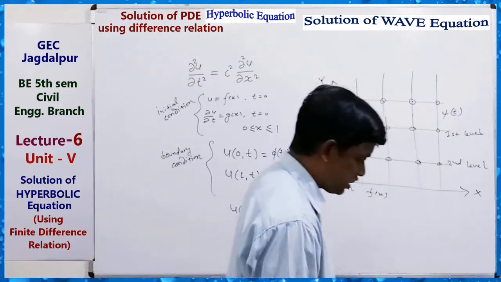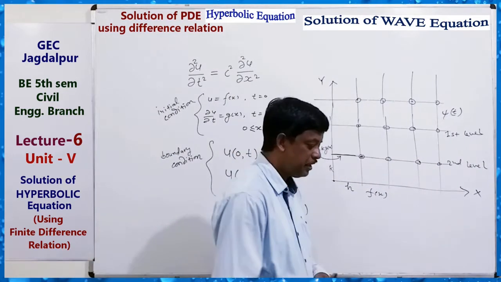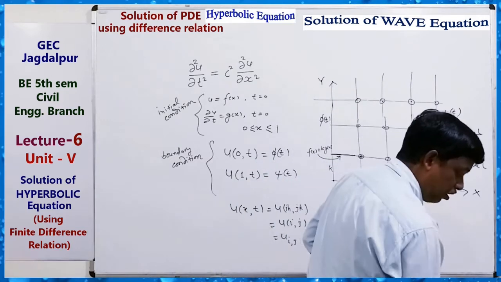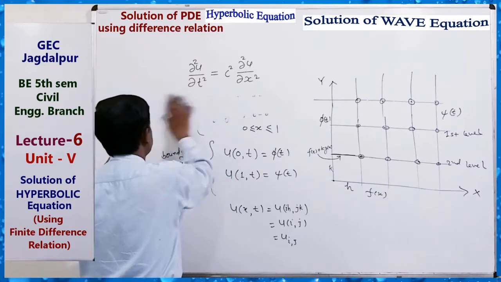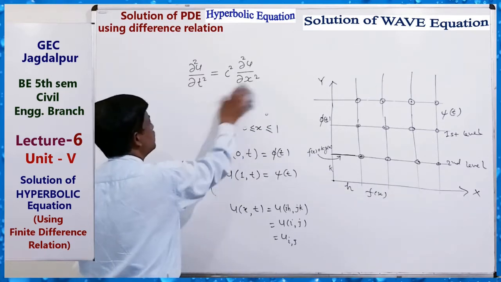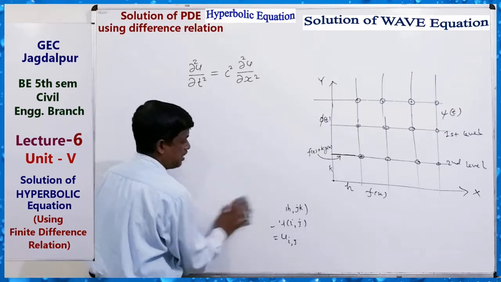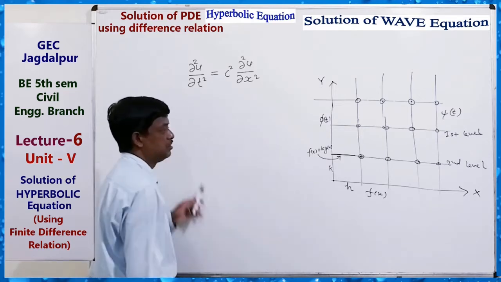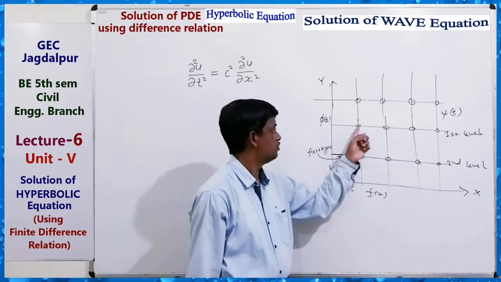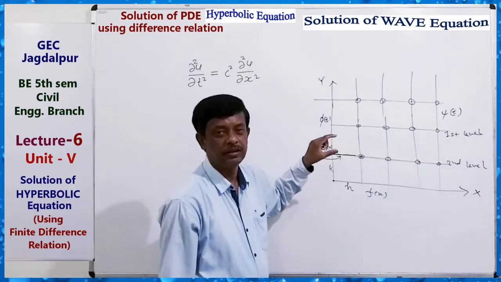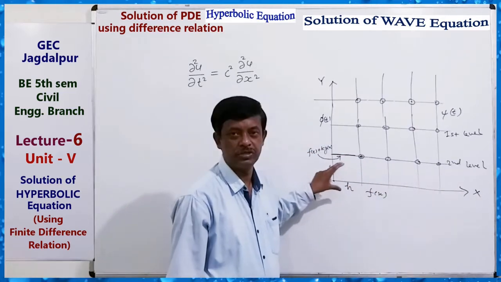So by using this notation, we can get the formula. Just using the formula of finite difference approximation for these derivatives, we can get a formula by which we can get the values of function u at this mesh point depending on these two level values.